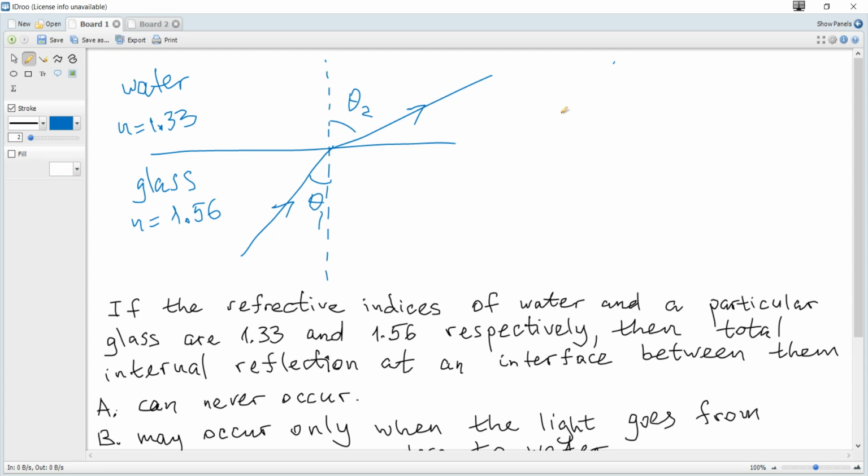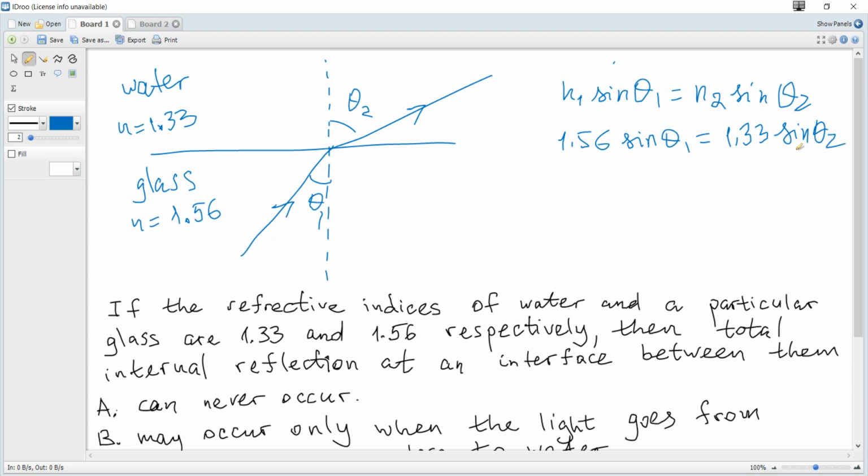The formula is given in the data booklet, and it says that n1 sine of theta 1 is equal to n2 times sine of theta 2. 1 is one medium, 2 is another medium. So here it looks like 1.56 sine of theta 1 is equal to 1.33 times sine of theta 2.